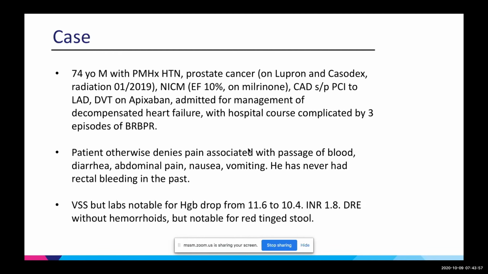On assessment, he denies pain associated with passage of blood, diarrhea, abdominal pain, nausea, or vomiting. He's never had rectal bleeding in the past. His vitals are stable, but his labs are notable for a hemoglobin drop from 11.6 to 10.4 around the bleeding. His INR is 1.8, and his rectal exam did not reveal any hemorrhoids, but was notable for red tinged stool.